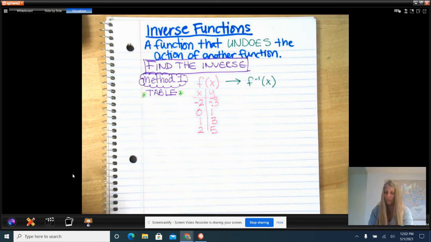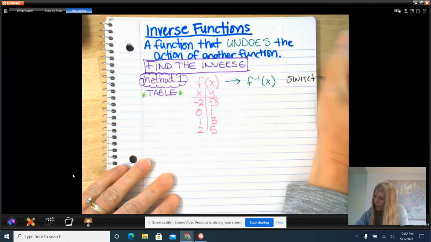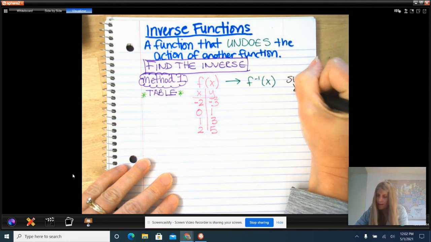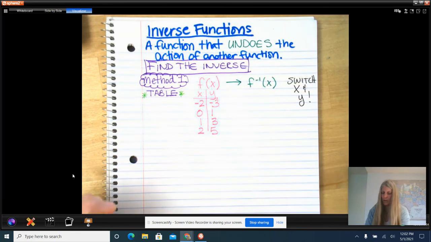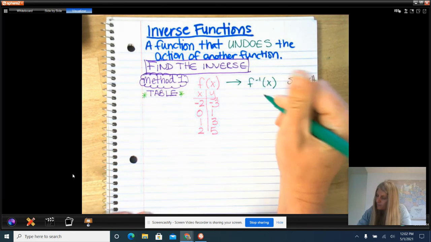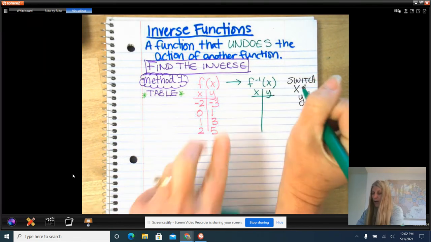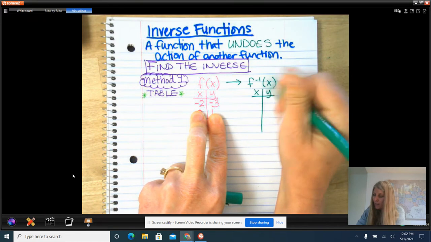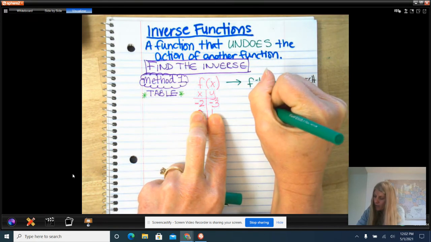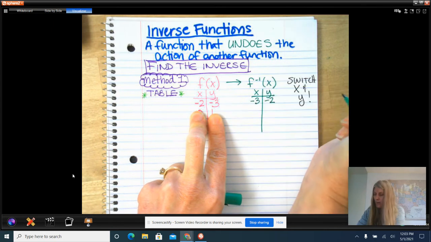And the way that we do it is very simply. We simply switch x and y. So with our new function, our x and y of the ordered pair -2, -3, the -3 is going to become our x value, and our -2 is going to become our y value.